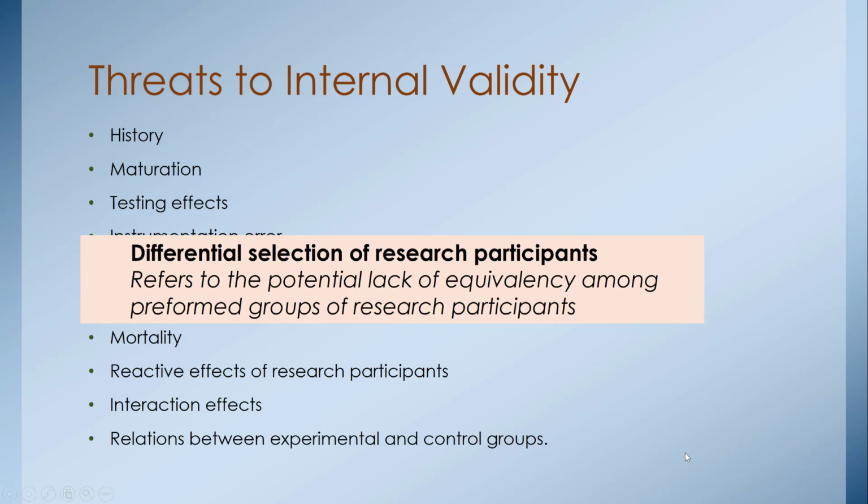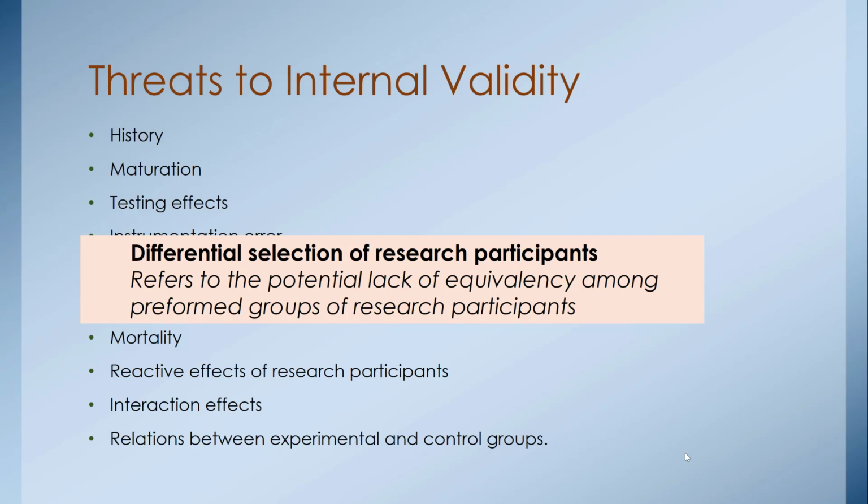Differential selection of research participants refers to any lack of equivalency among the formed groups of research participants. What this means is you want to use random assignment to try to get that equivalency in those variables between the two groups.